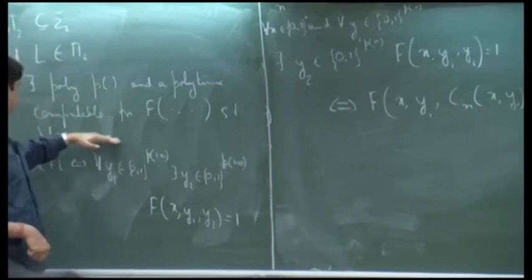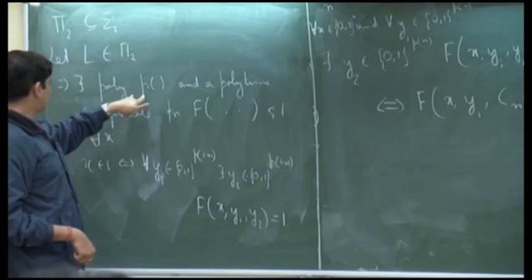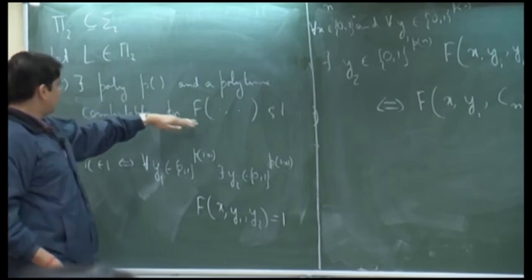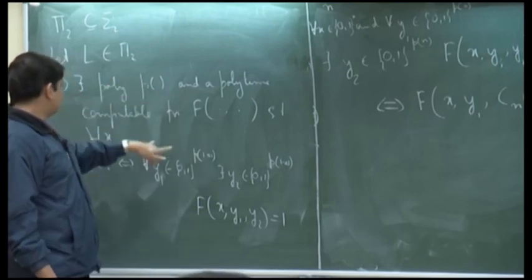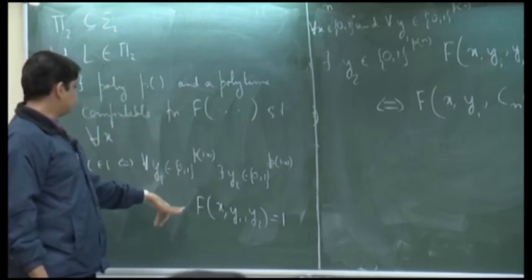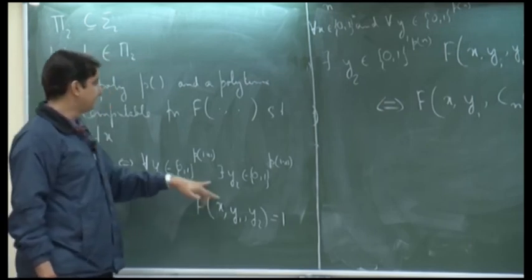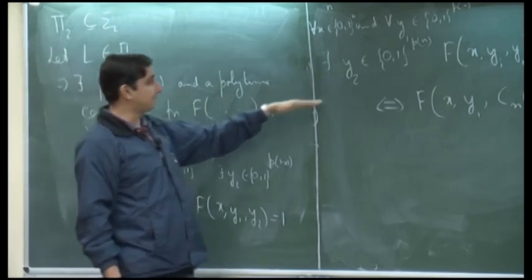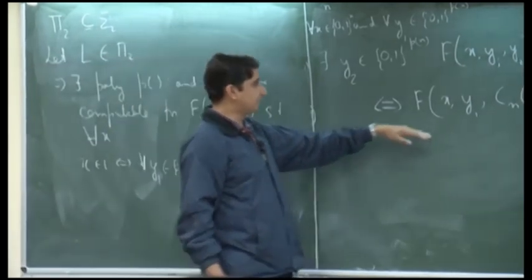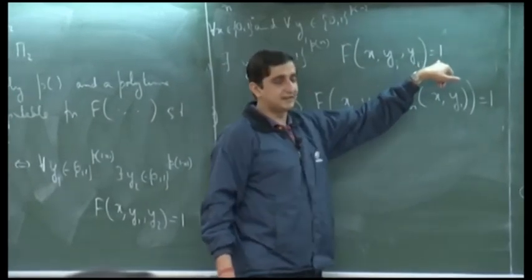All I am saying is, let us see what is happening here. We have a function f and a polynomial p such that we say x is in L if this predicate gets satisfied. Now from our earlier claim, if this happens, then we have a family of circuits which gives us a y which satisfies that predicate.